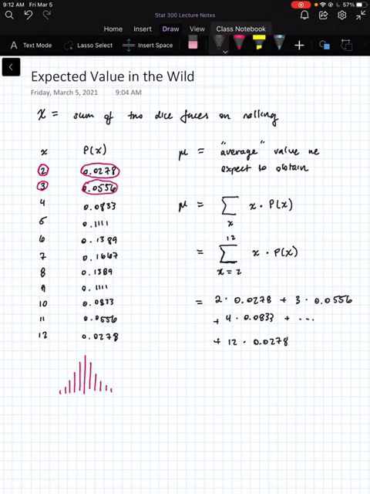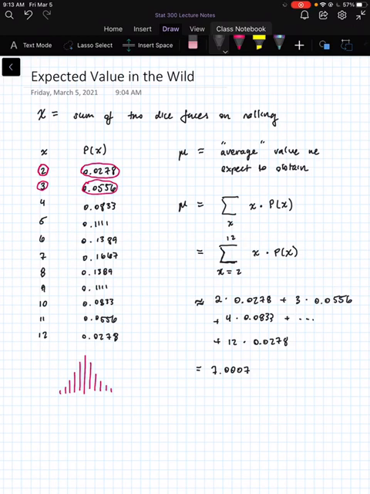If we had been working with the fractions, while we would have to do some arithmetic with fractions, which I know is not everyone's cup of tea, you could still get a more precise answer than what we are obtaining, because we actually end up getting that this is 7.0007.